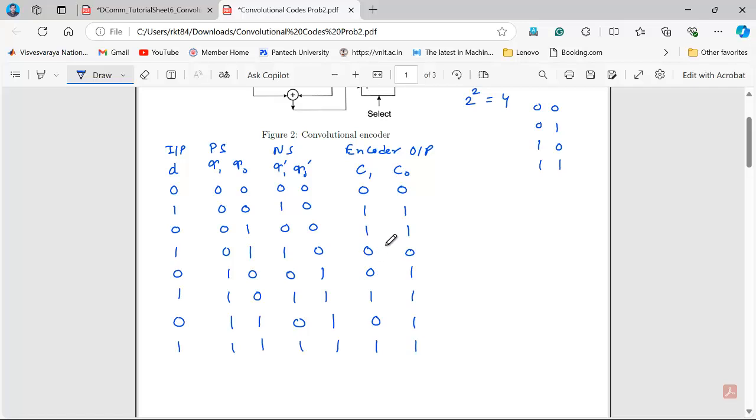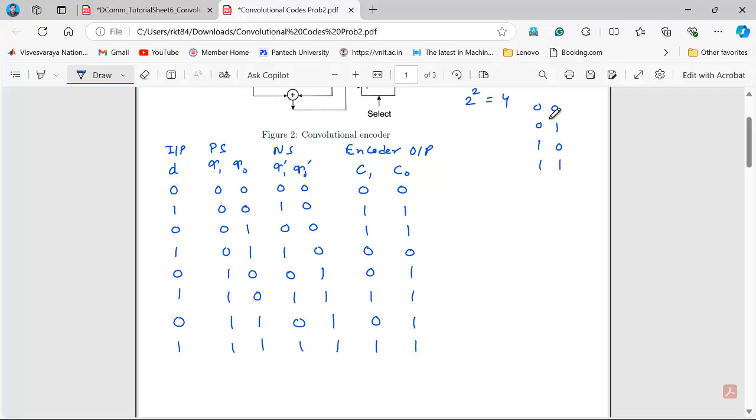Okay, now this table is completed. Now you have to draw a state diagram. For that we have to assign states, as you studied earlier in digital electronics, state assignment. Whatever binary value we have, corresponding to that we assign some alphabet.